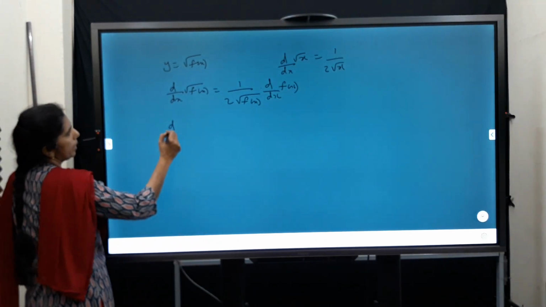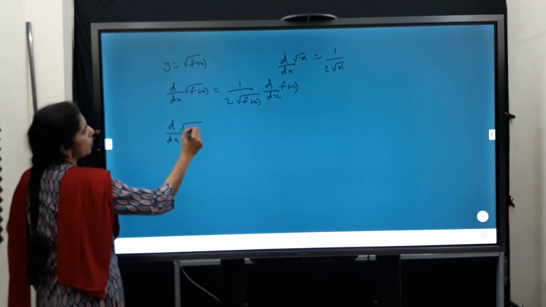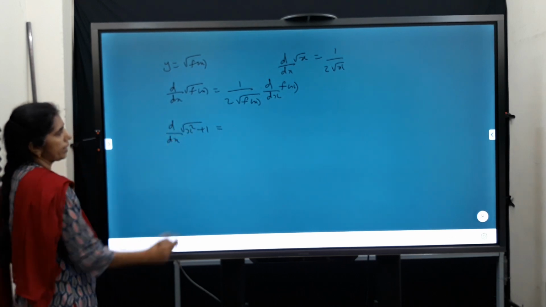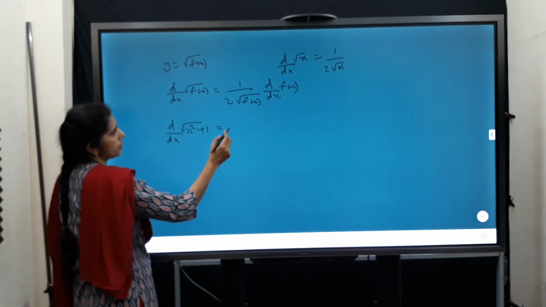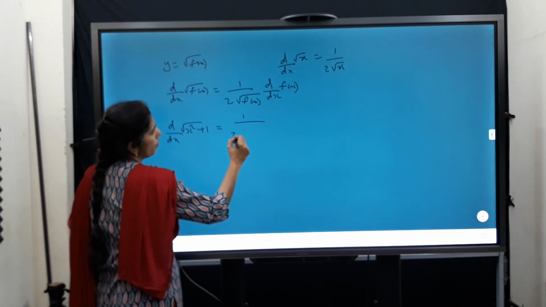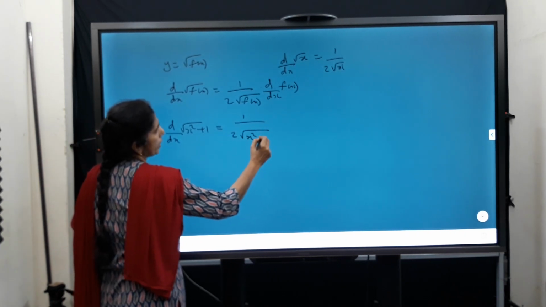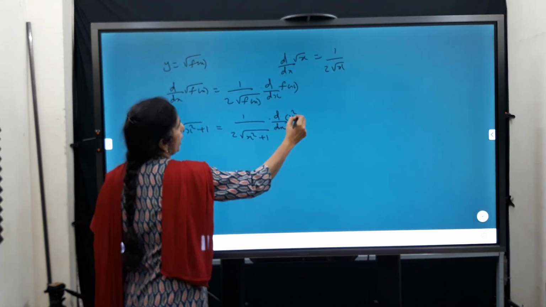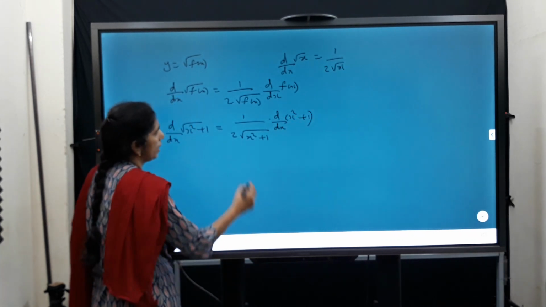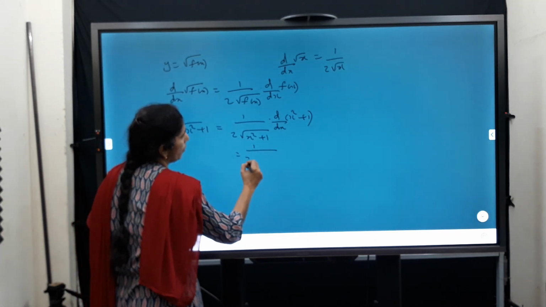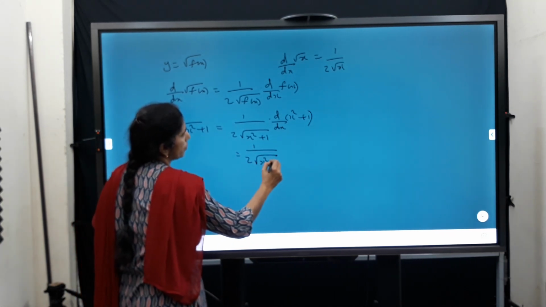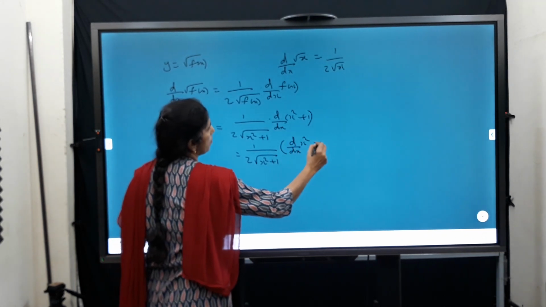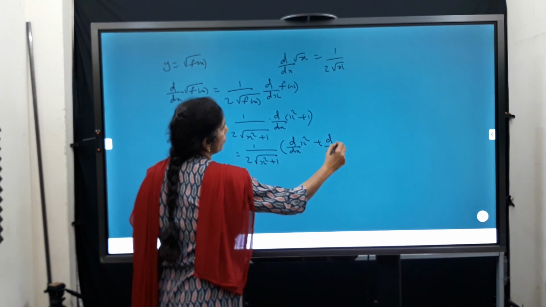Say for example, d by dx of root of x square plus 1. It is of the form root of f of x. Our f of x is x square plus 1. It is 1 upon 2 root of (x square plus 1) into d by dx of (x square plus 1). That is equal to 1 upon 2 root of (x square plus 1) into d by dx of x square plus d by dx of 1.